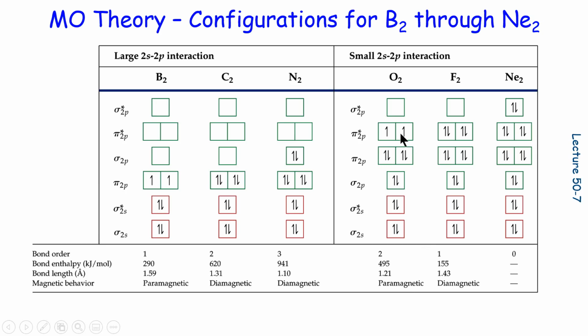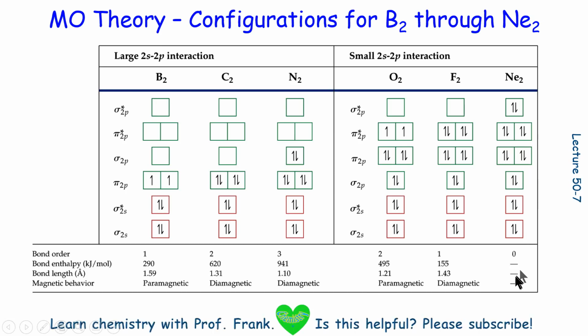Therefore, the molecular orbital theory does a great job in explaining why O2 is paramagnetic, while the other theories I just mentioned a while ago, Lewis structure, valence bond theory, and so on, could not explain that. Again, this explains why the noble gases cannot form diatomic molecules because of the 0 bond order.